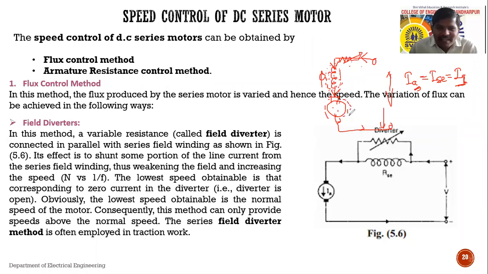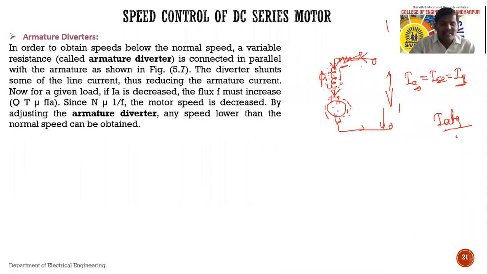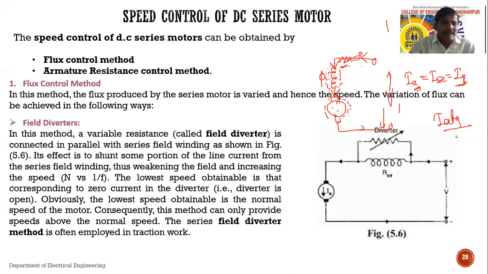If the armature current it will be decreases, according to this IA RA drop it will be decreases, again it will maintain the speed same, so that this connection of series field winding, that is connection of one resistor, that is variable resistor, in a series with that of armature as well as field winding, it is not suitable in case of DC series motor speed control.